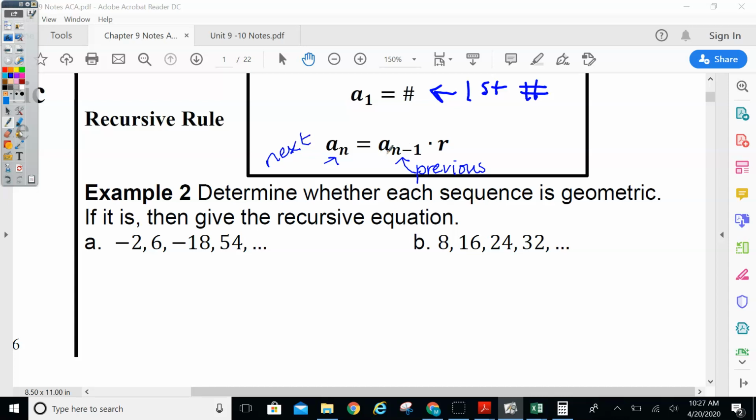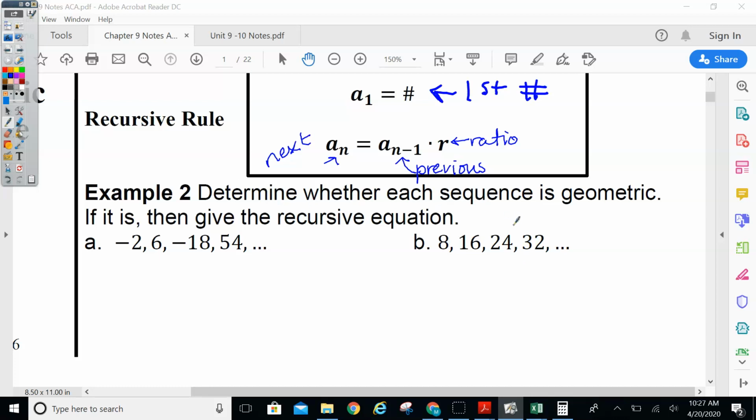That's what AN minus 1 means. It's the one right before N. And you multiply that by the ratio. So again, in order for us to get the last term, we have to know all the terms before, and then we can find the next one.